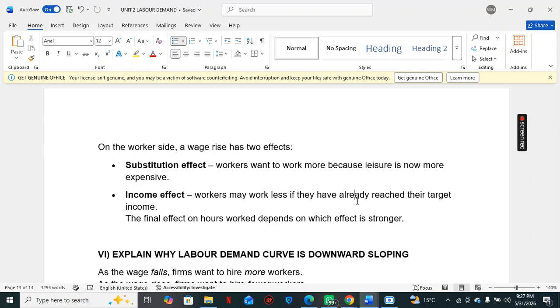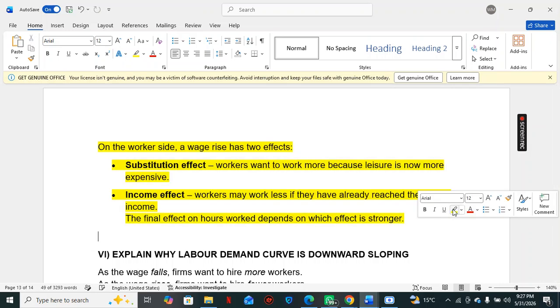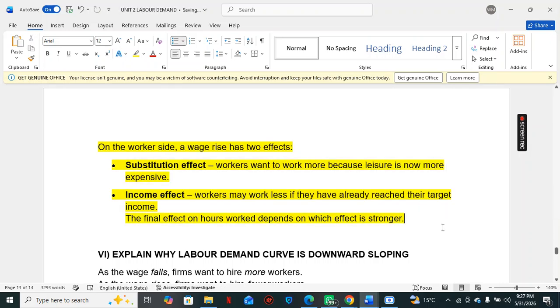The income effect is just that you have reached your goal, you're now a boss, and you don't need to work as much. We're going to look at this in depth in labor supply in unit 3: the substitution effect, the income effect, and why the labor supply curve is backward sloping. It starts bending backwards eventually.